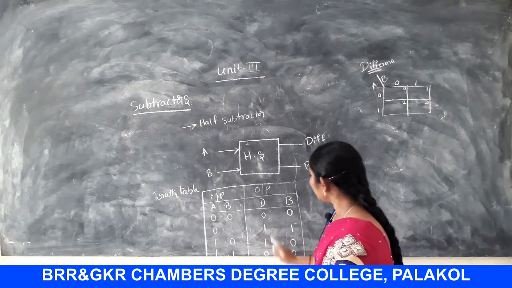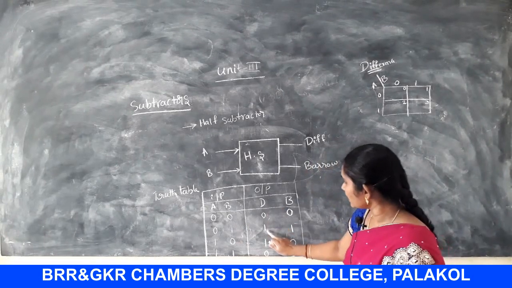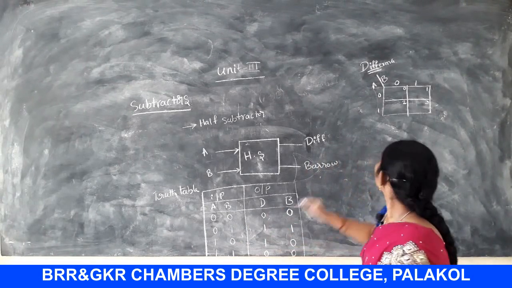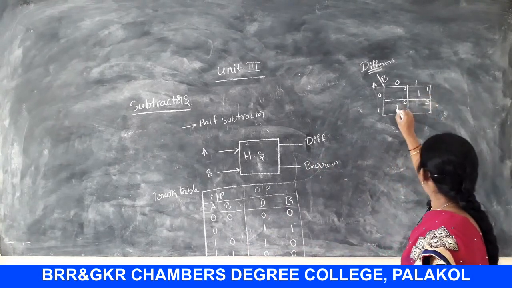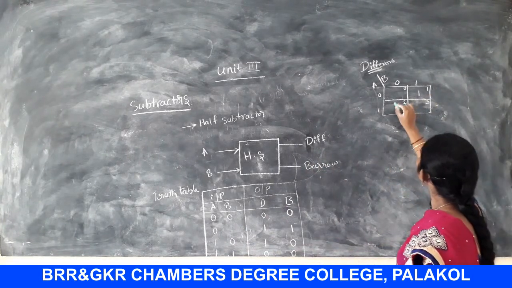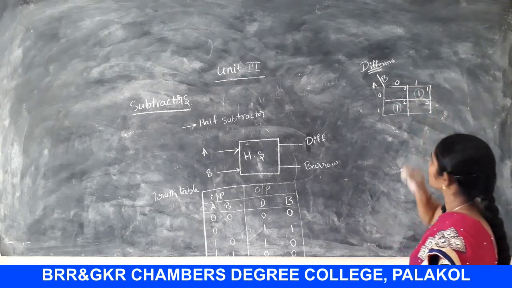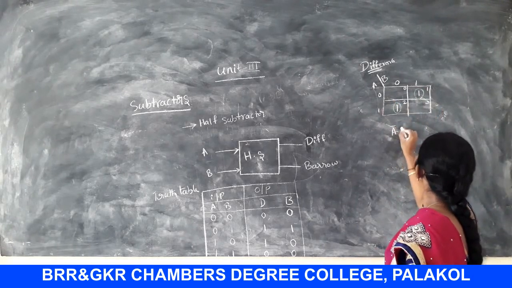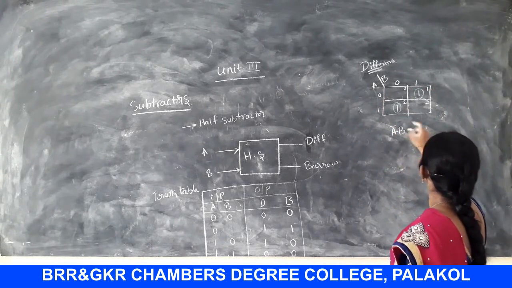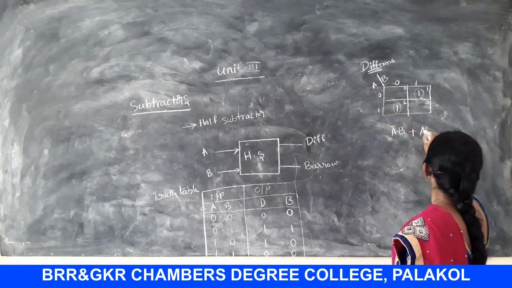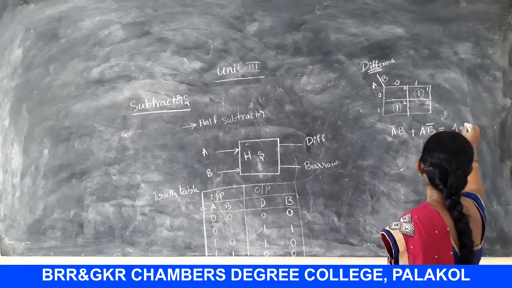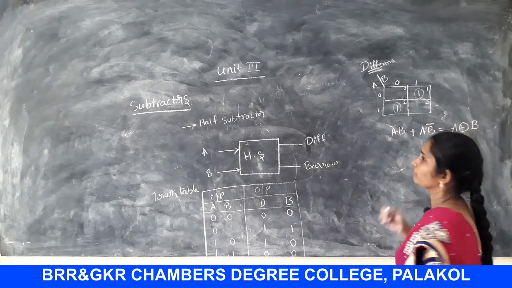Okay, so here the difference is 1, 2. So here 1 and 2, 1s are there. So then we will form the loops. So here the loops give A bar B plus A B bar. Okay, so it is also A XOR B.